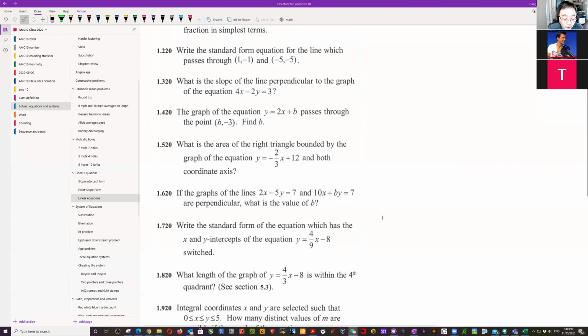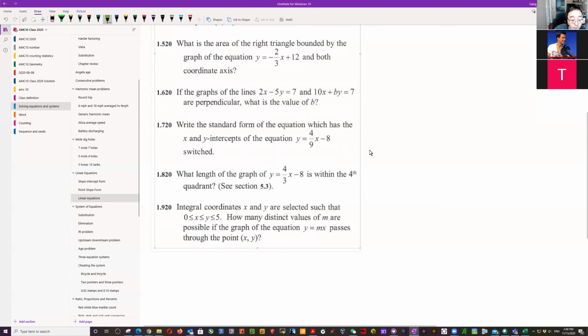Okay, looks good. Let me pick one of the relatively difficult ones as an example, since we don't have time to go through all of them. I randomly picked this one: if the graphs of those two lines are perpendicular, what's the value of b?